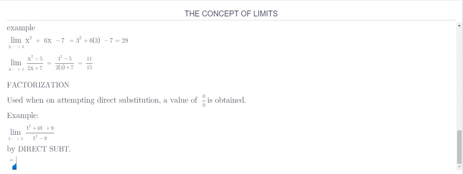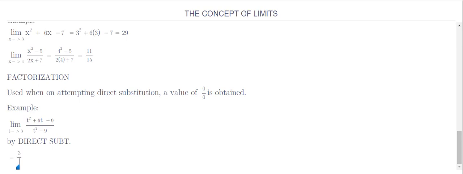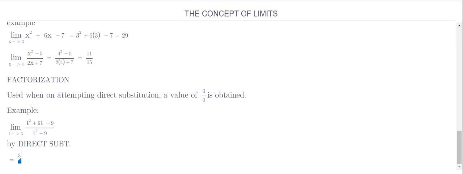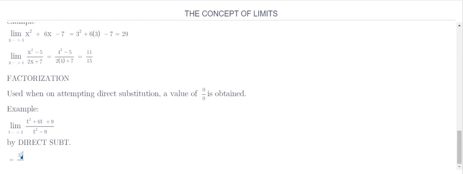our value there is 3, so our t is tending to 3, so you substitute 3 raised to power 2 plus 6 into 3 and then plus 9.